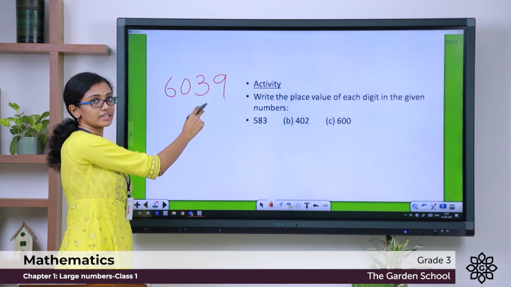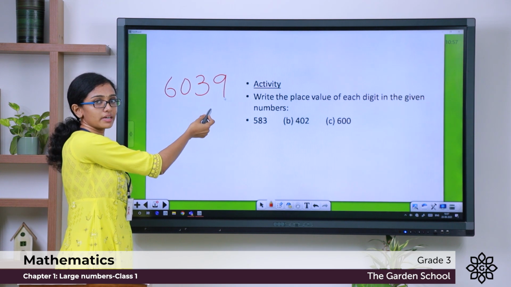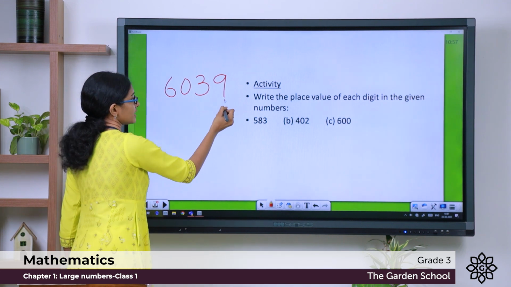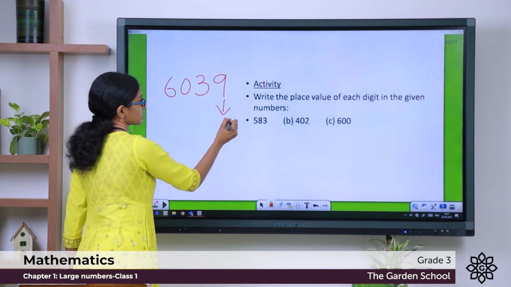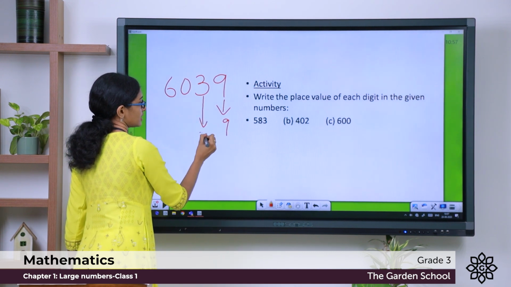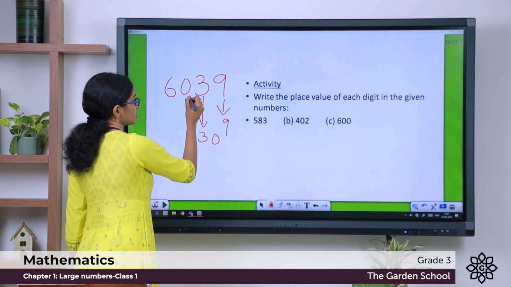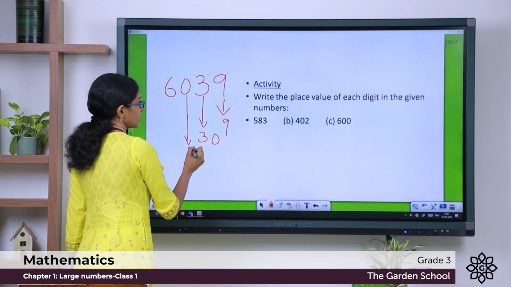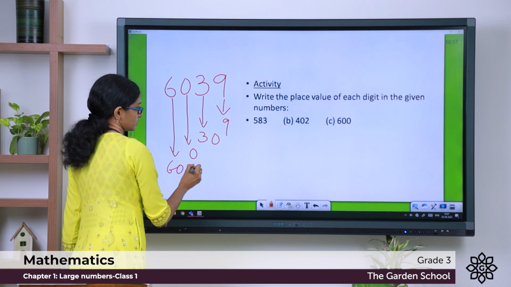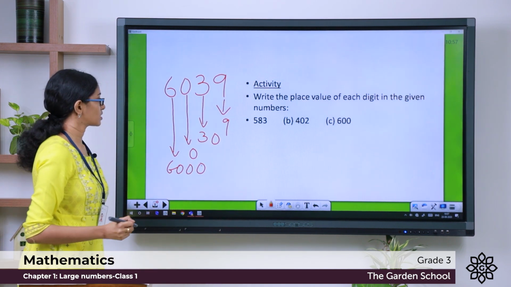In 6039, you have 9 in ones place, 3 in tens place, 0 in hundreds place, and 6 in thousands place. So the place values will be 9 ones equals 9, 3 tens equals 30, 0 hundreds equals 0 itself, and 6 thousands equals 6000.